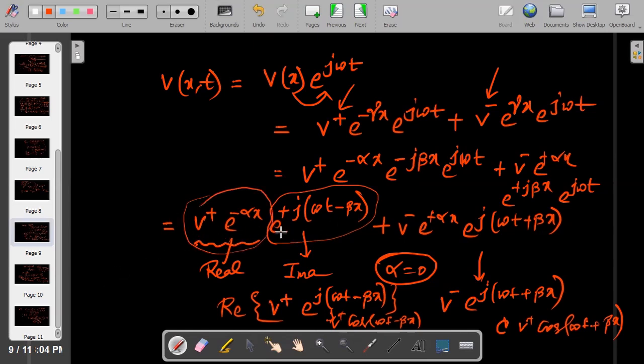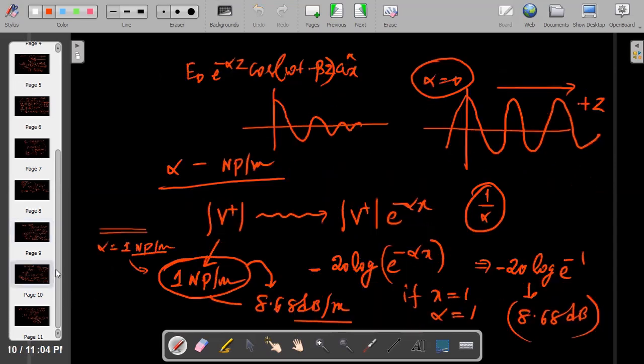In the equation, this is your imaginary part and this is your real part. Here also same. And in the next page, you wrote mod of V plus.